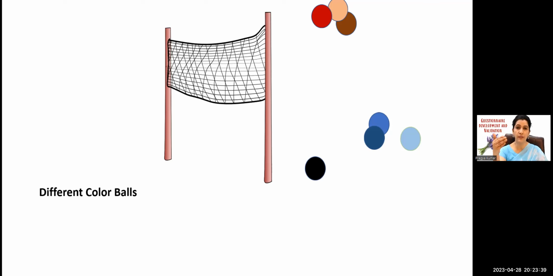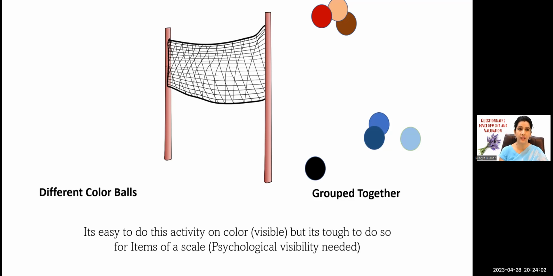So these balls are the individual items, and you rightly said that they are grouped according to shade. And the net is your factor analysis. Through this net, similar color shades are grouped together. This is known as factor analysis.